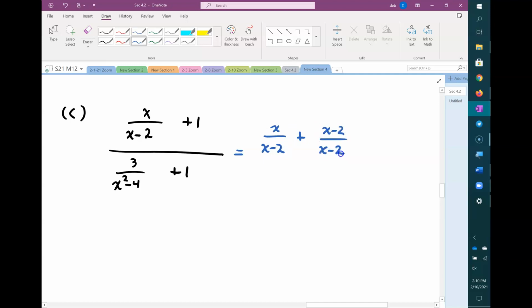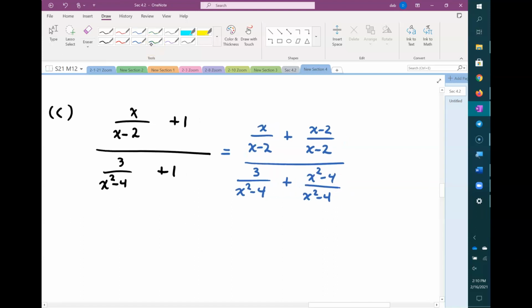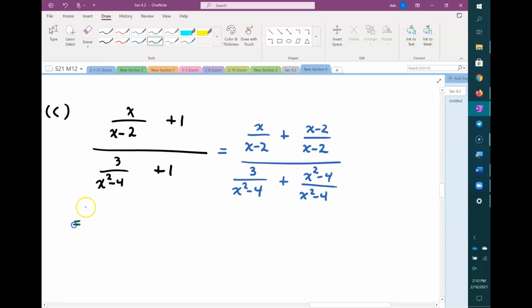So I'm turning the 1 into x minus 2 over x minus 2 so that there's a common denominator. And I'll have 3 over x squared minus 4 plus x squared minus 4 over x squared minus 4. So I'm going to have x plus x, 2x minus 2 over my x minus 2.